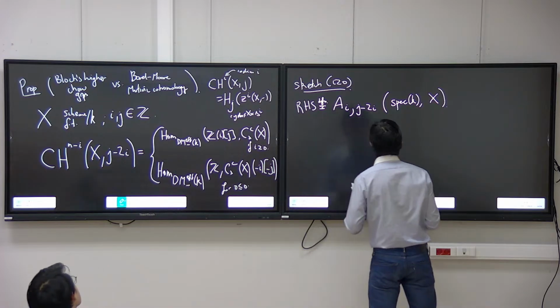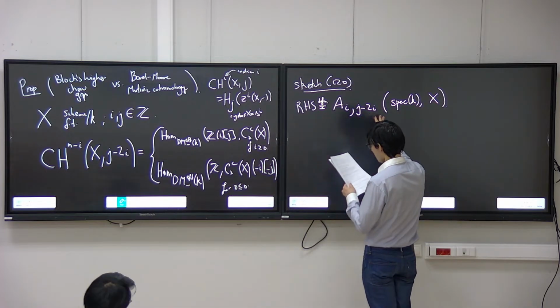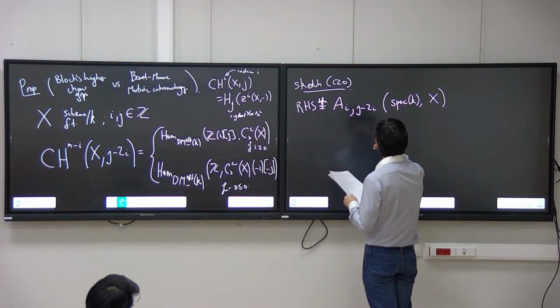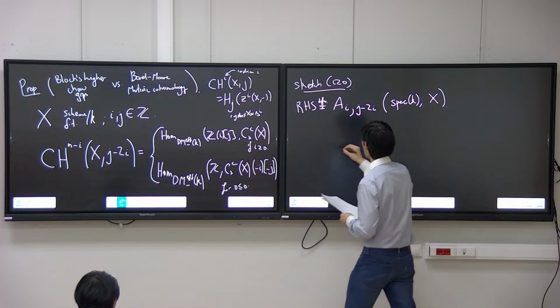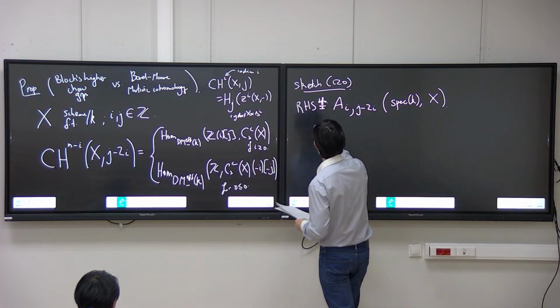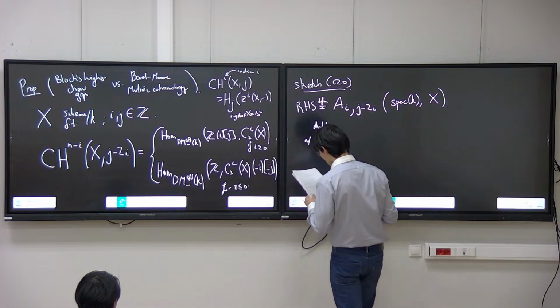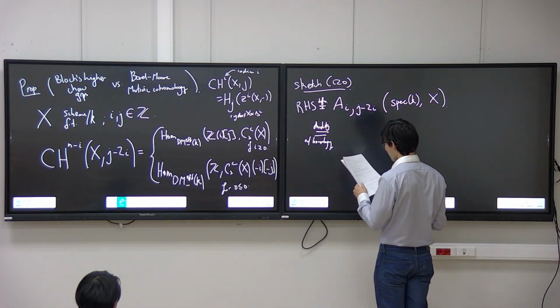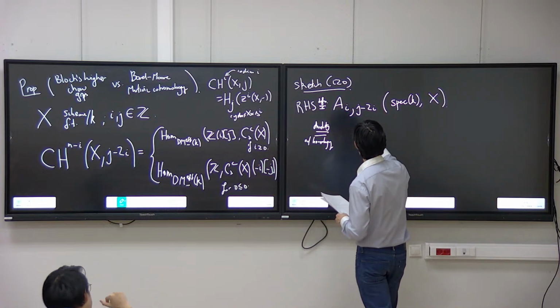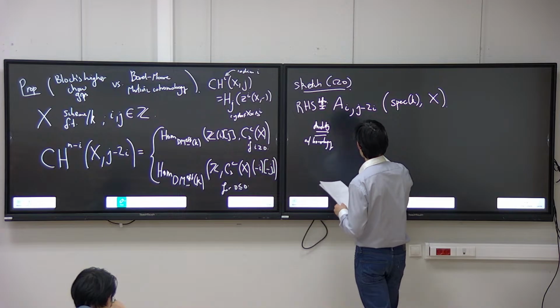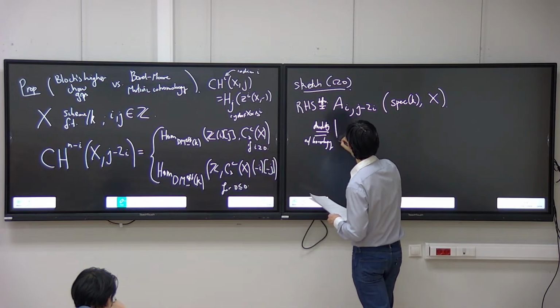Now, this A^{i}_{j-2i} is defined using the CDH topology, but by some duality with homology, we use the fact that we have our complex C_*. So let's just take a break from here.